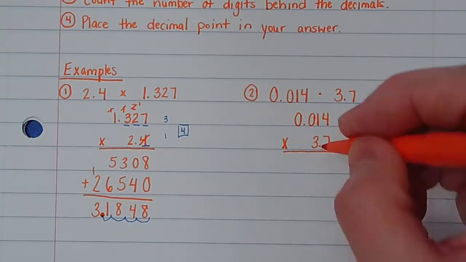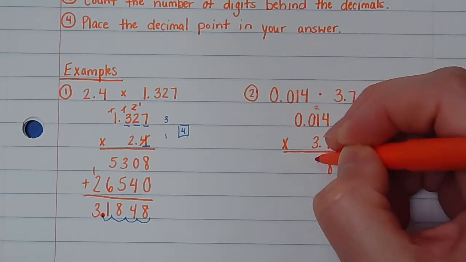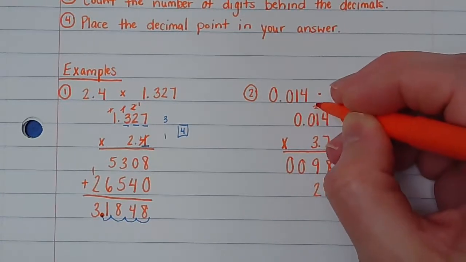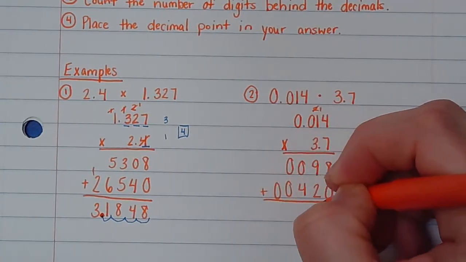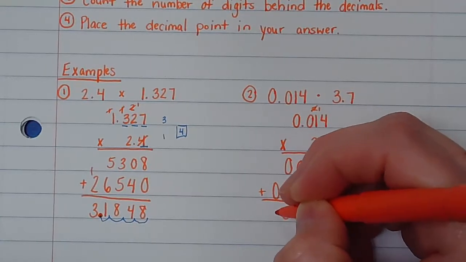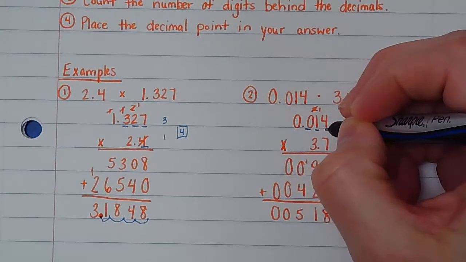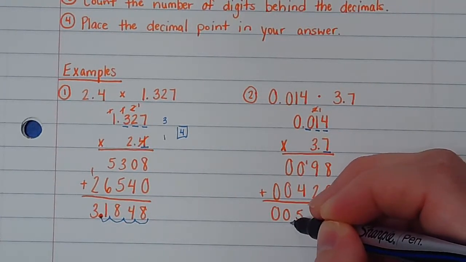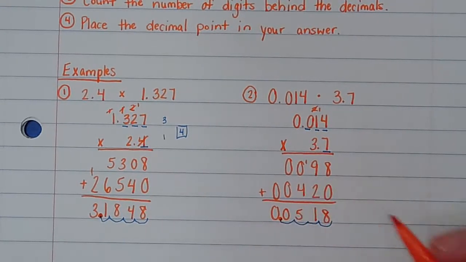So now we just do regular multiplication. 4 times 7 is 8. Carry my 2. 2 times that's 9. 0, 0. Place my 0. 12. So now I can just add these up. Okay, count your places of decimals. 1, 2, 3, 4. So you move it 4 times again. 1, 2, 3, 4. And here is my decimal.